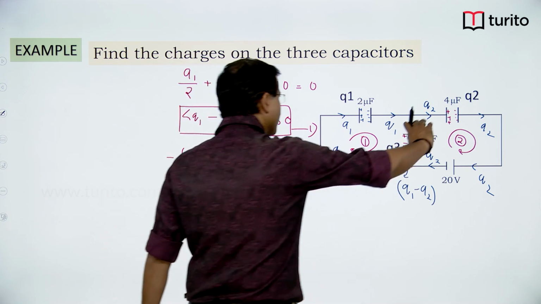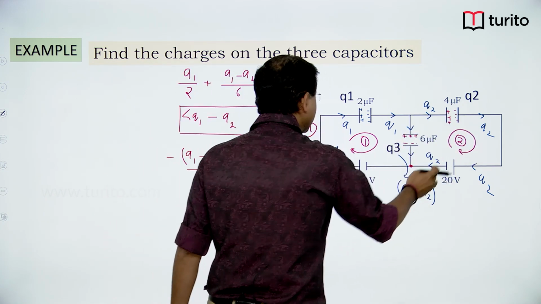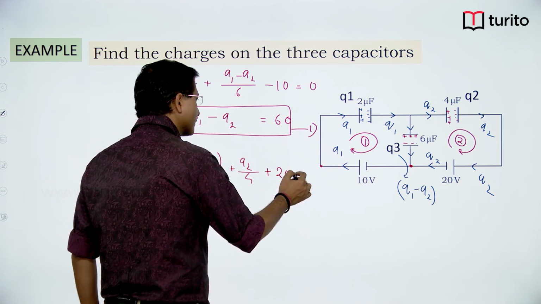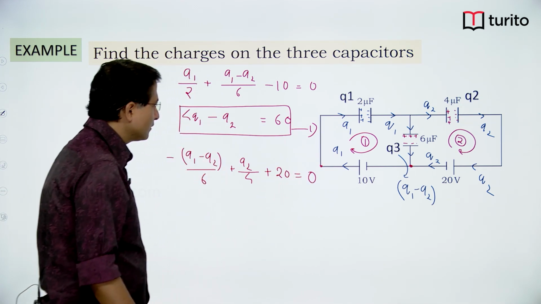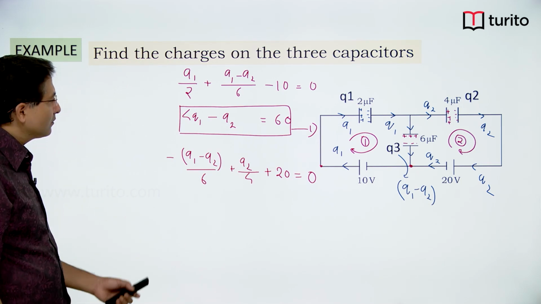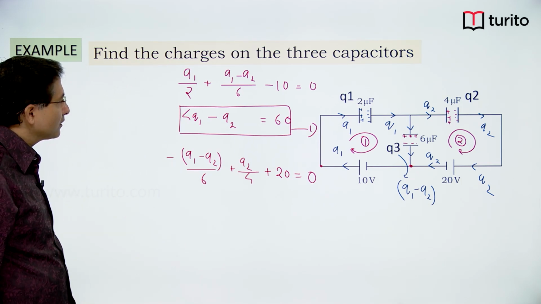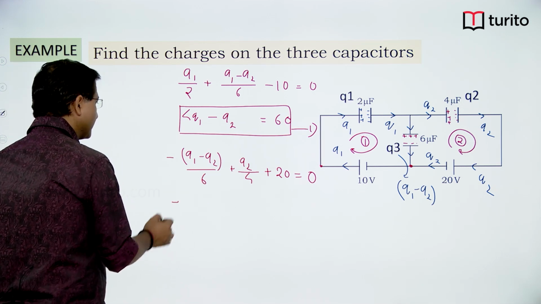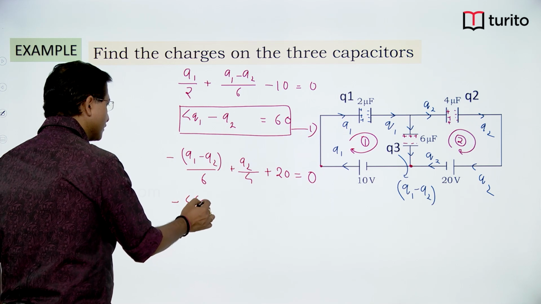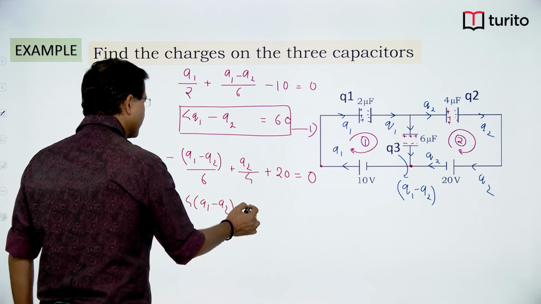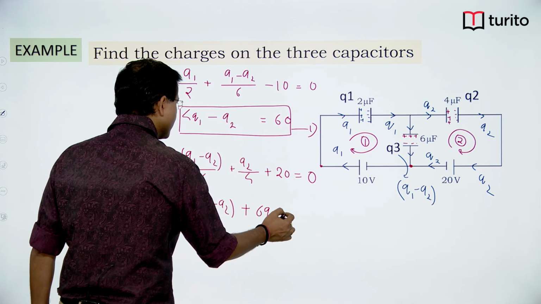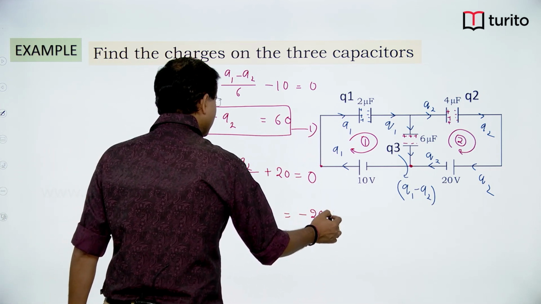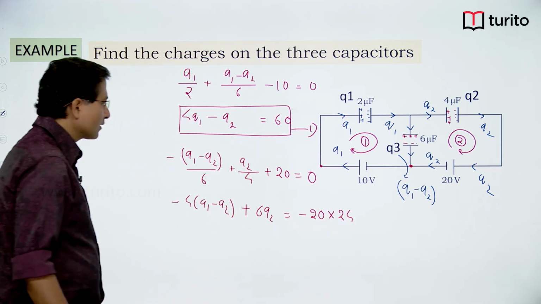Now, come to this one, again there is a decrement, plus 20. This you can simplify, again you can multiply by 24. Then this will become minus 4 q1 minus q2 plus 6 q2, and this on the other side, if I send into 24, right.